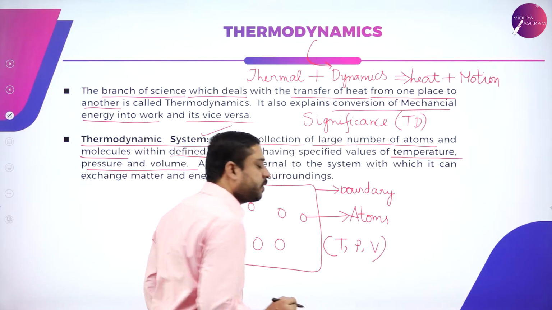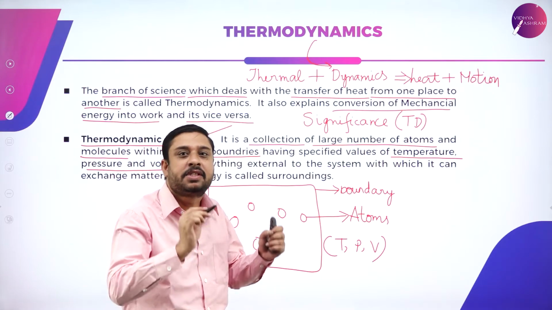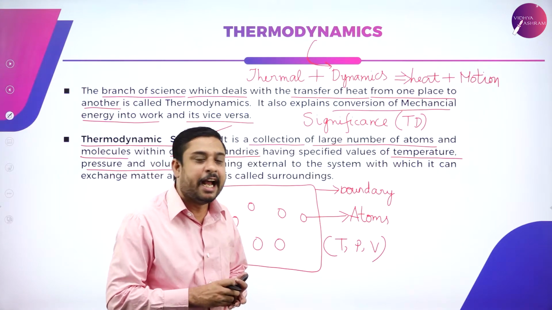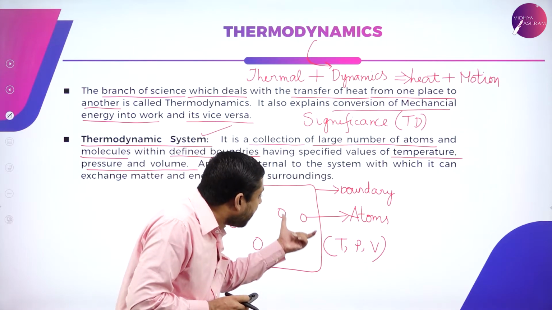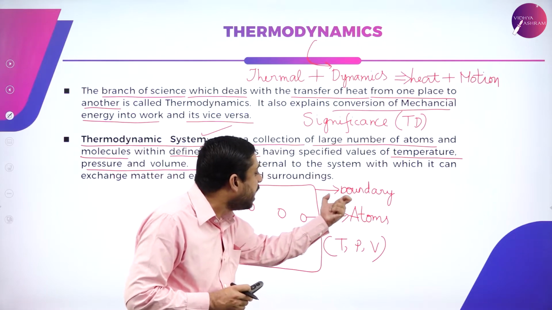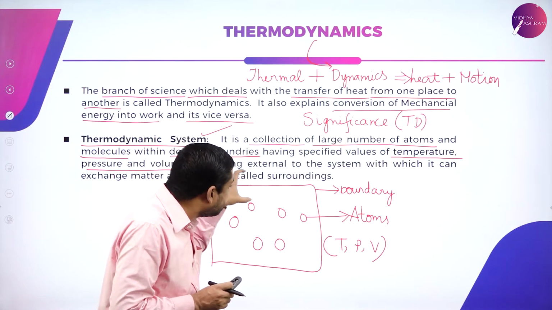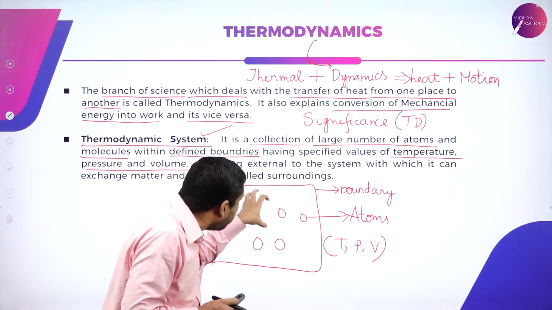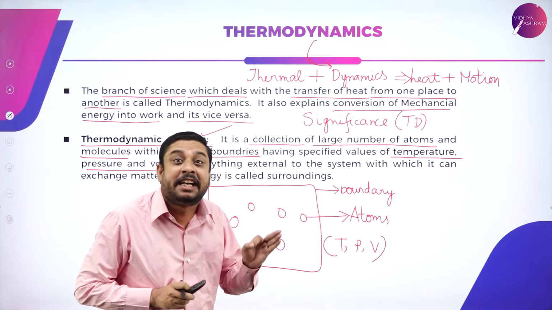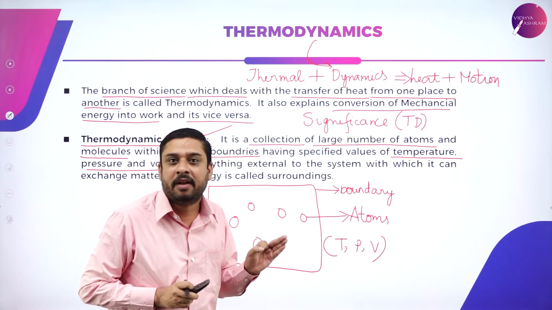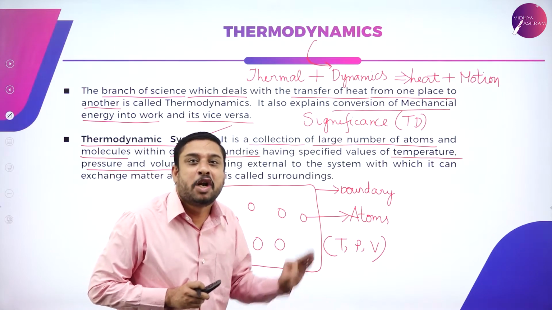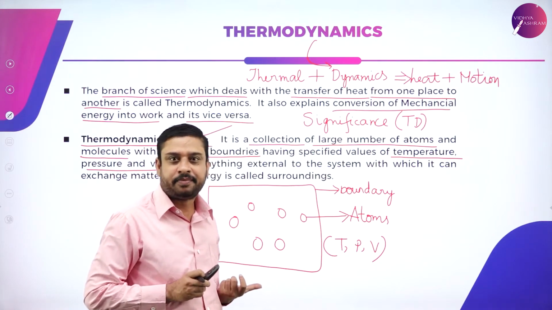So these atoms or molecules are collected at defined temperature, pressure, and volume. These atoms or molecules have to be maintained at a definite temperature. You cannot allow the temperature to keep on changing.